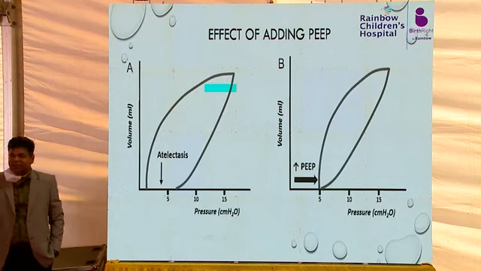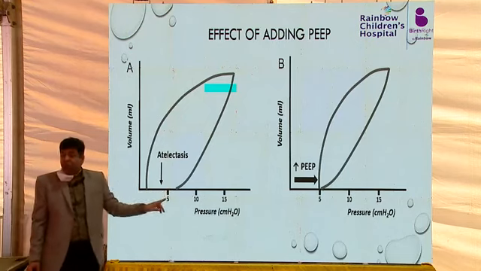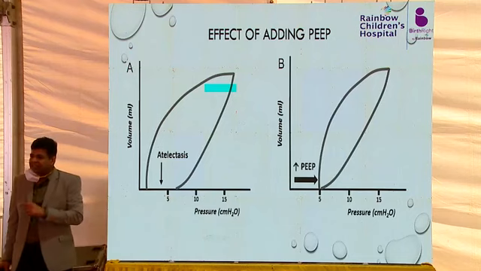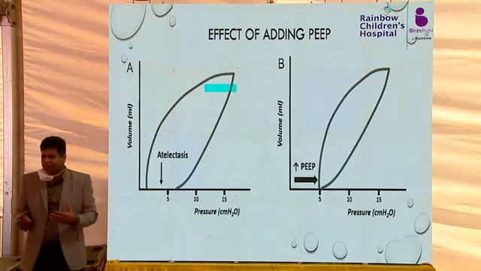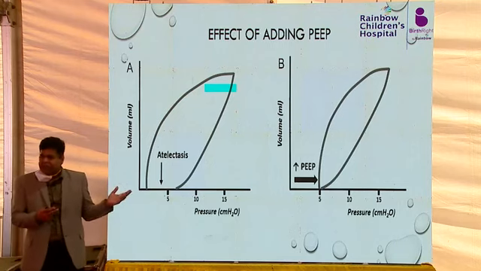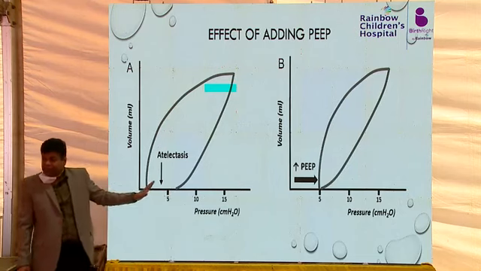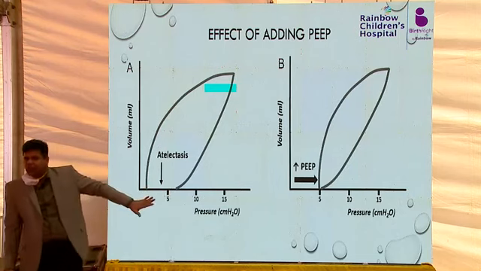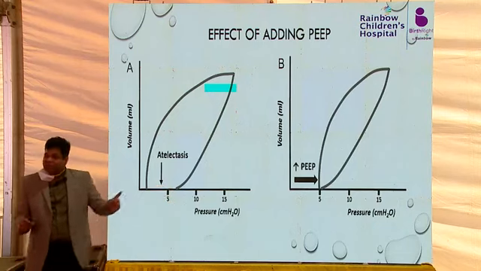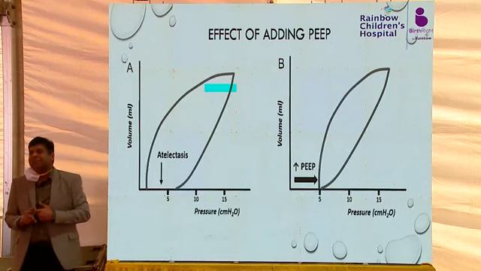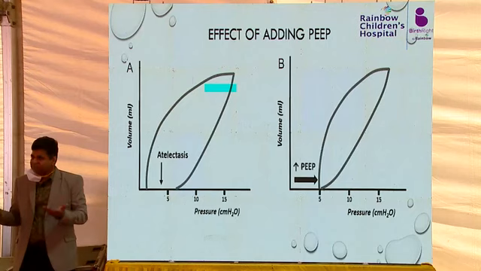So what will you see if the graph is like this? Increase the PEEP, and you will try to shorten this. In heterogeneous lung diseases, severe lung diseases, pneumonia, meconium aspiration, it's not such an easy ball game as what I am saying. It's not always possible that we can omit this. But mainly in RDS, if we can omit this, or in those lung diseases this part is shorter, that means your VQ mismatch is lesser, your ventilation is gentler, your PEEP is adequate.